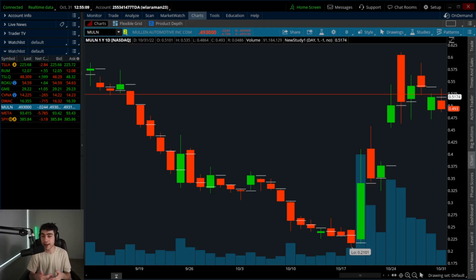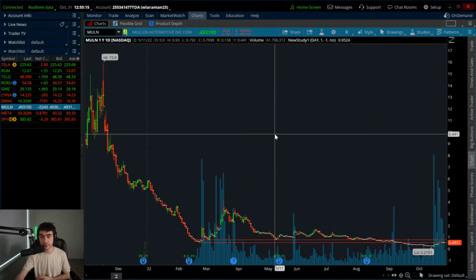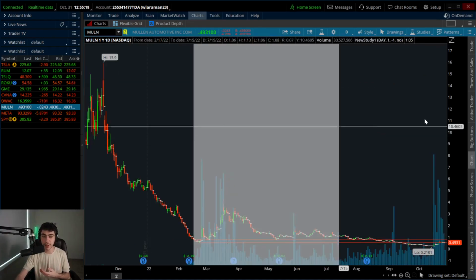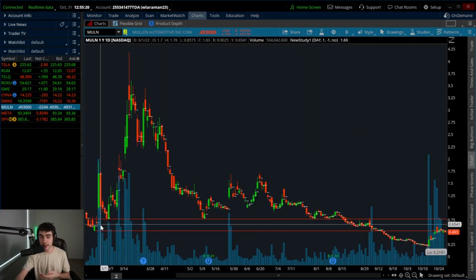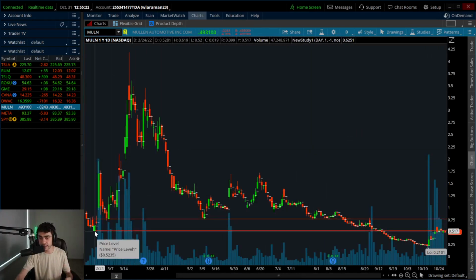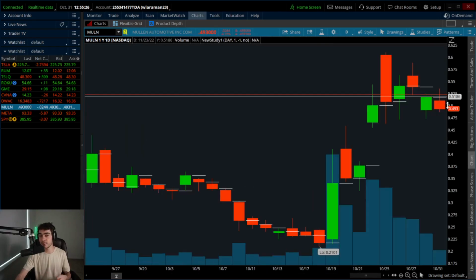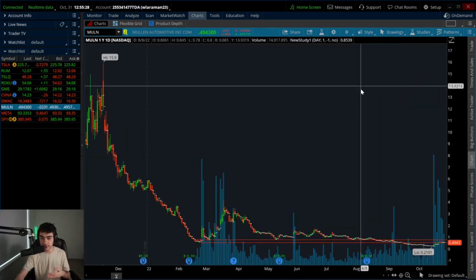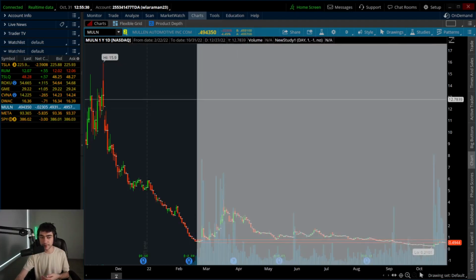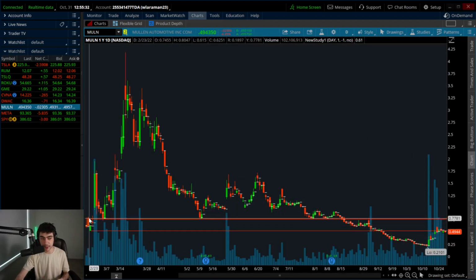For this to really rise up for the macro, you would need to see that 53 cents turn into a support level, right? For those of you who are looking for that massive move to the upside, at the end of the day, you need to break above this like 52 cent range and turn into support. As of now, I'm viewing this as weakness because if you looked at the daily chart, when 52 cents reacted as a support, it was able to quickly pump to about 75 to 80 cents.